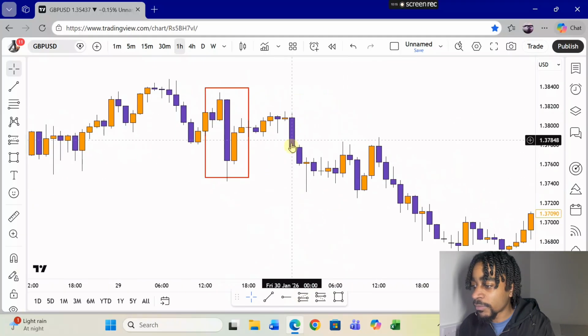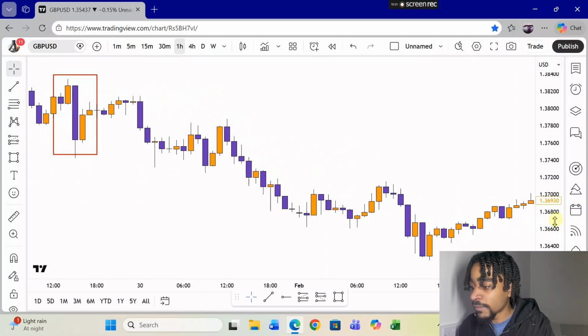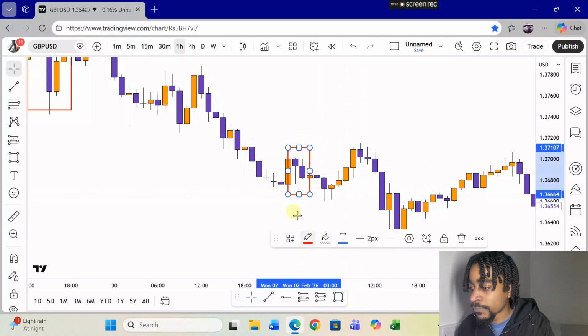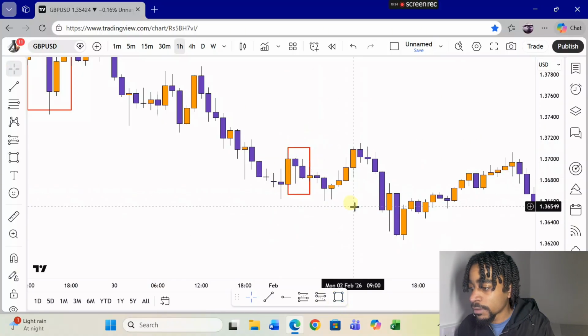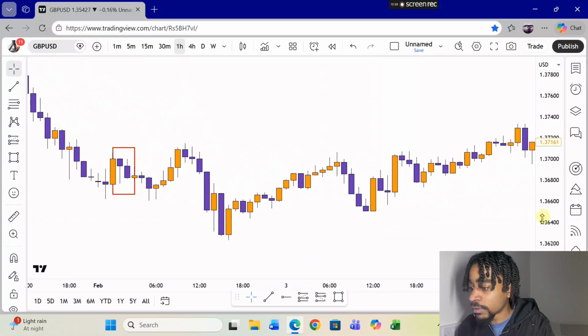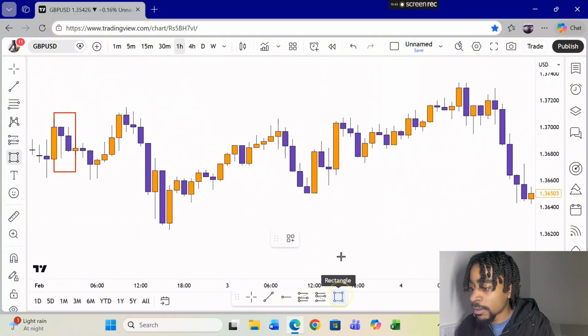Got another example of a bearish engulfment right there, and just keep moving along price and seeing where you guys can identify these patterns. Bearish pin hammer right there, this one over here. Keep moving along price to see where these patterns occur. Okay, I can see a bullish engulfment over here.